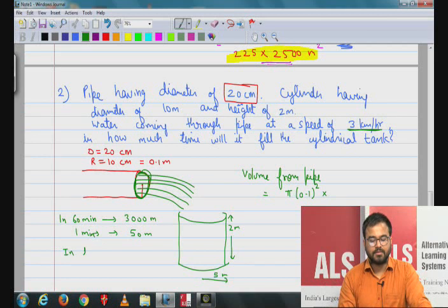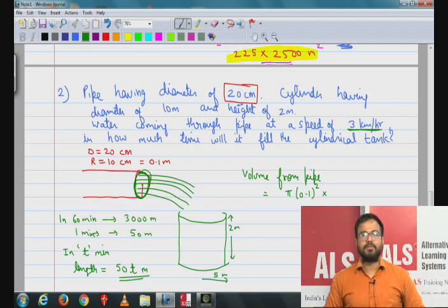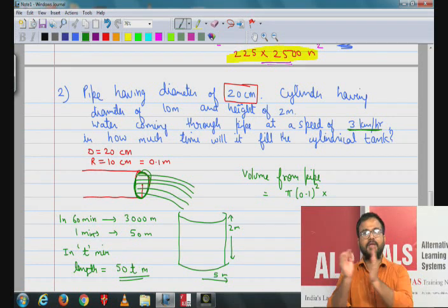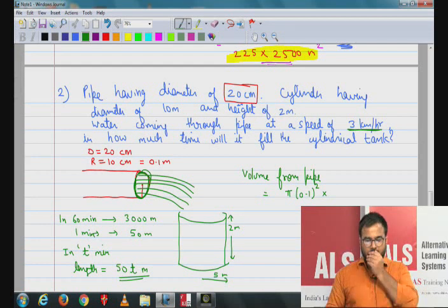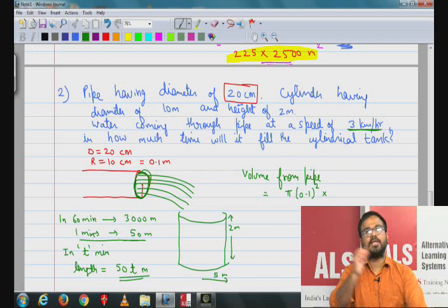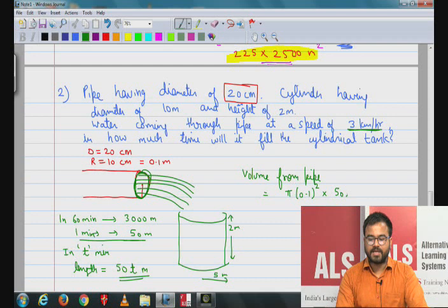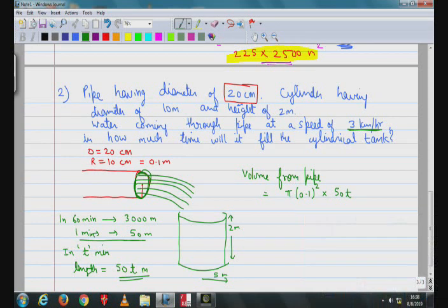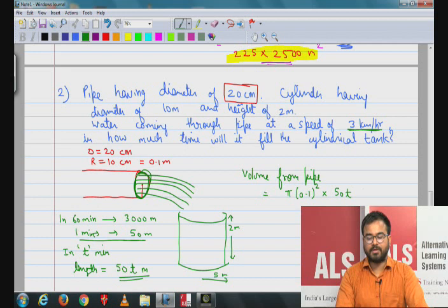So in 1 minute it is 50 meter, and in t minutes it is 50 t meter. Since we have to figure out how much time it will take, let us say the water is coming from the pipe for t minutes. So the total volume of water from the pipe is pi times 0.1 square times 50 t, and this is in meter cube.